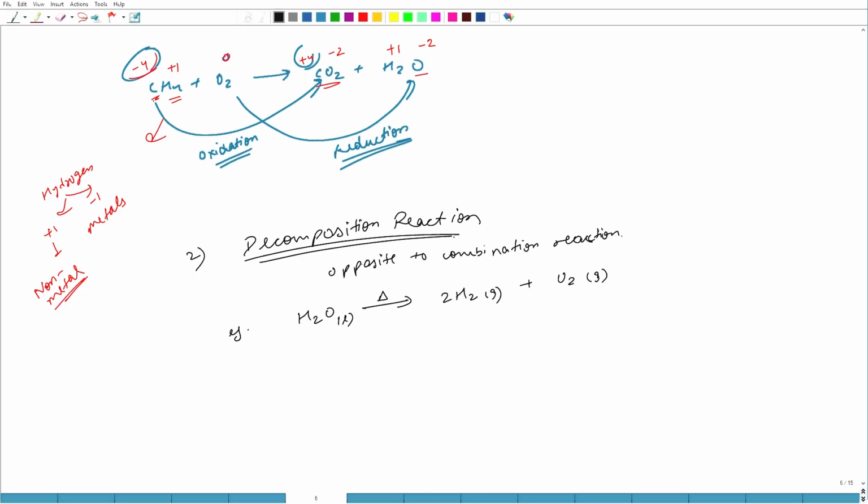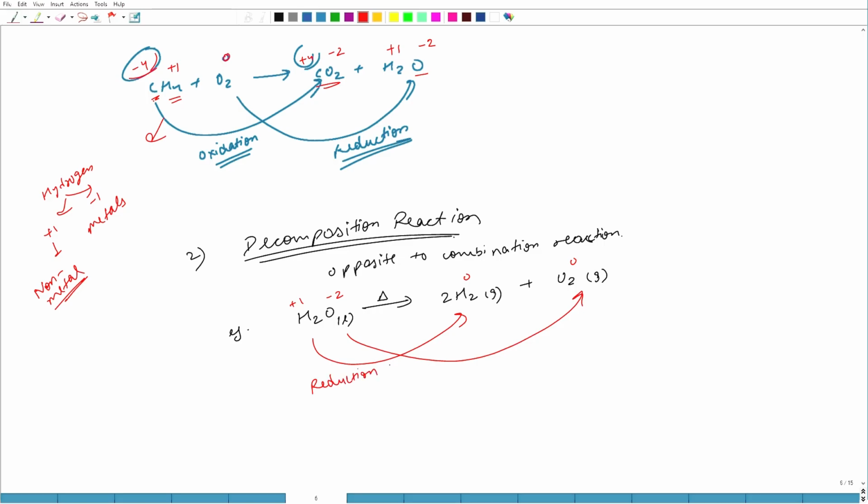Now, we will see whether this is a redox reaction or not. We know in water oxygen has an oxidation number of -2, H has an oxidation number of +1, H2 is 0, O2 is 0. Now, see the oxidation number of hydrogen, whether it is increasing or decreasing. It is decreasing, that is reduction.